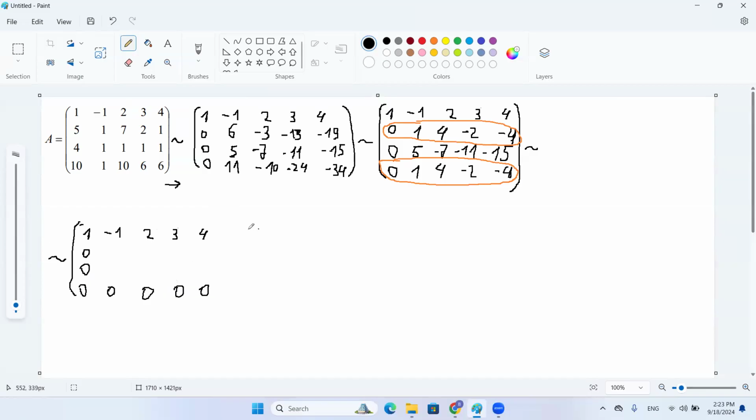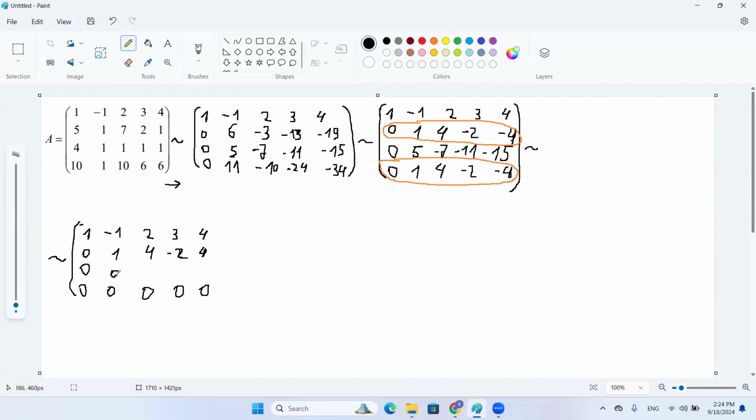Then let's write the second row without any changes, and now we have to set 0 here. We need to eliminate this 5 in the same way. Who will assist me now? Who wants to be a volunteer? Valeria, go on.